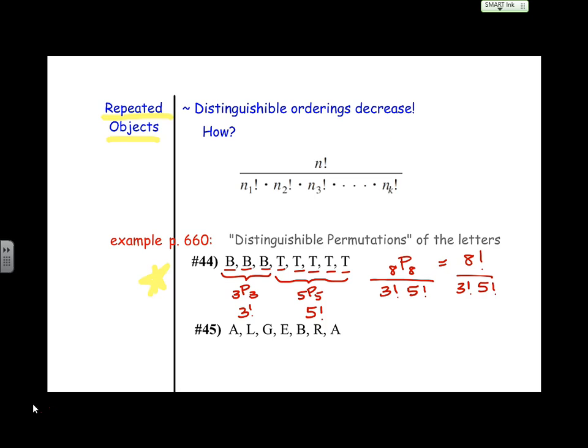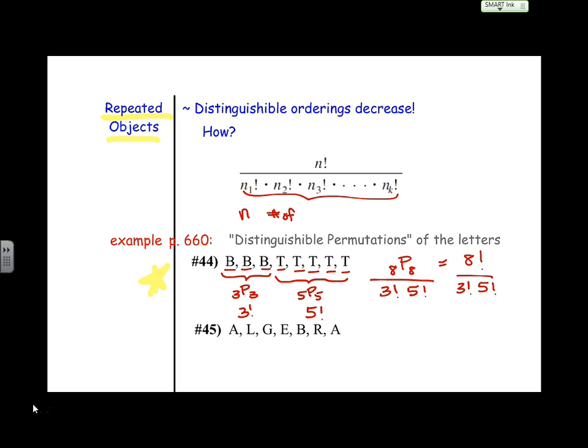You guys see it? So if you are arranging objects and if there are repeats and if you are choosing all of them, you can do n factorial over, and these little n1s, n2s, n3s are talking about basically the number of repeats.